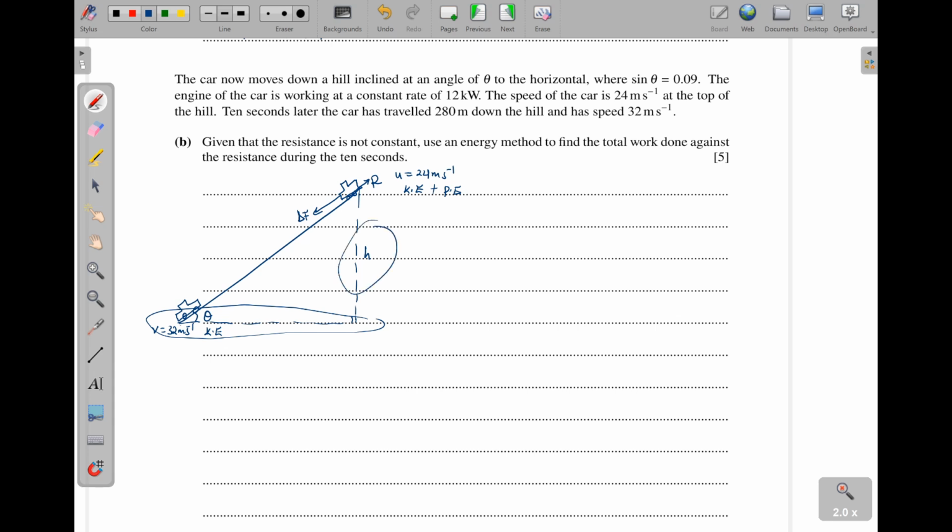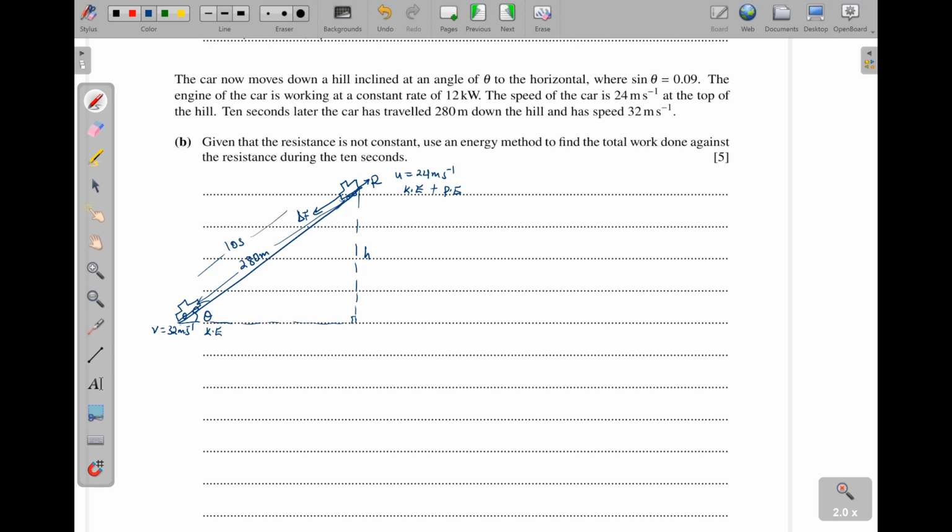All the vertical height would have gone. And then we have 280 meters traveled, and this takes 10 seconds to move there.